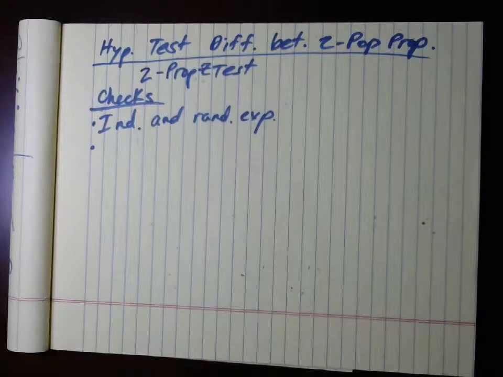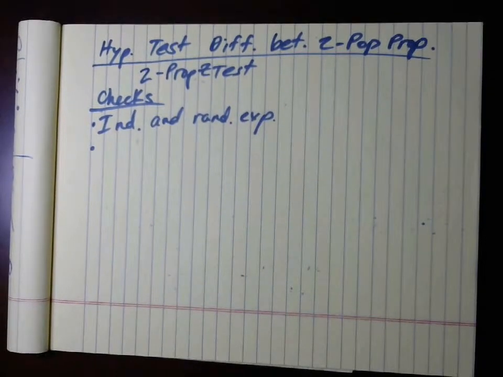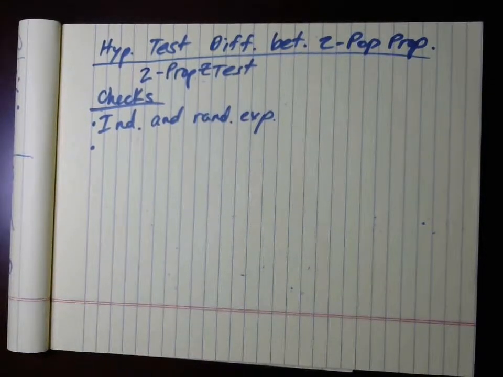You have to check that still for each of them, similar to the sampling distribution, in order to have a normally distributed sampling distribution of the difference of the two proportions. And they also have this check that the sample size has to be less than or equal to 5% of the population.